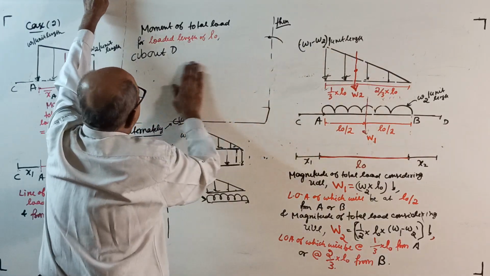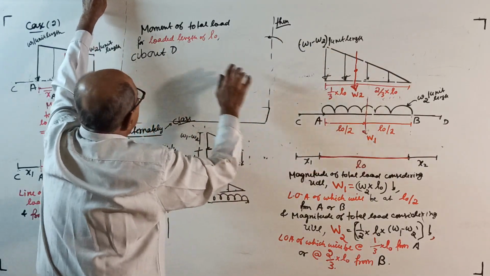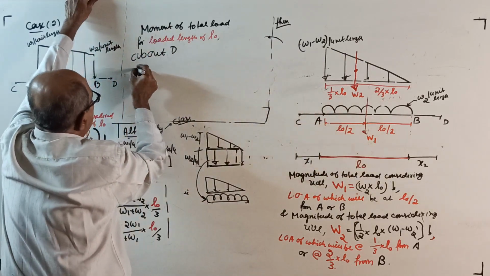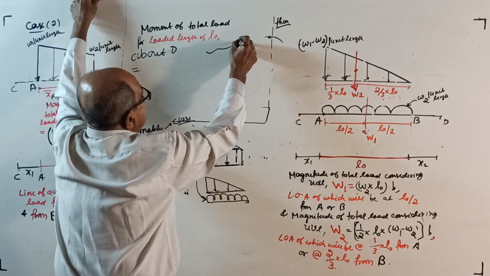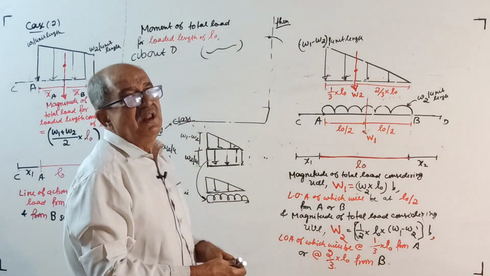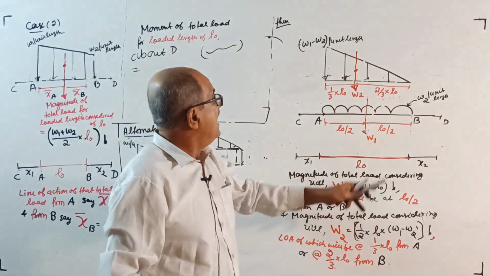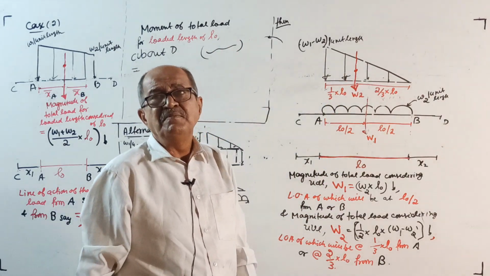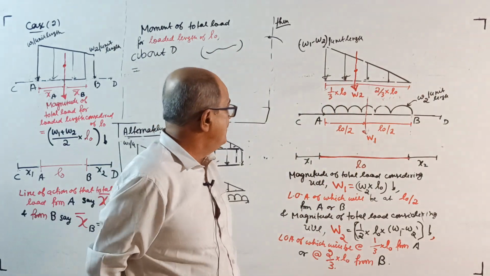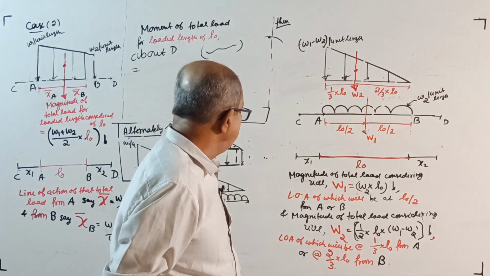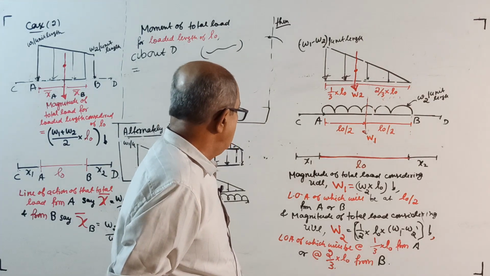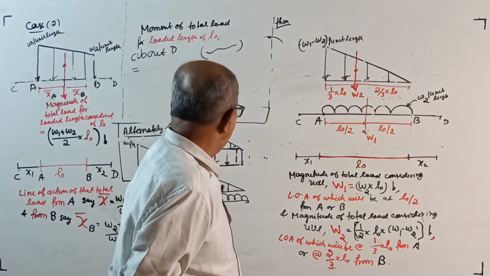Moment of the total load about D equal to, right, one note. When you want a moment, we will consider the moment of UDL and UVL separately and add them. Either both are clockwise or both are anti-clockwise. Any mistake there? W2 into L0, W1 minus W2. Correct, everything correct.